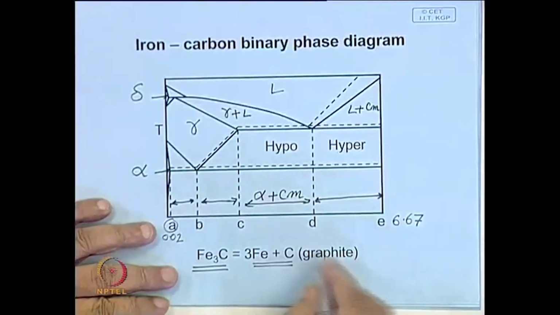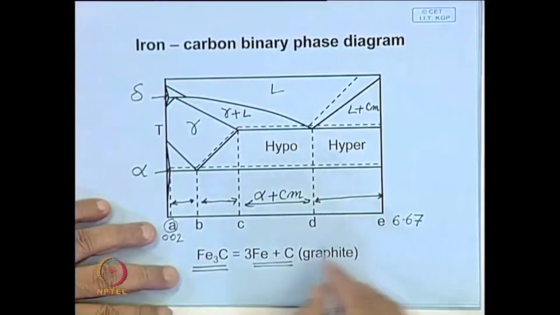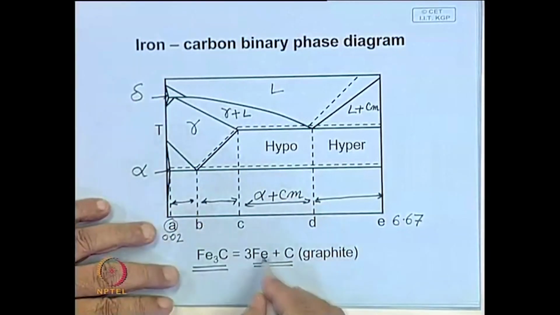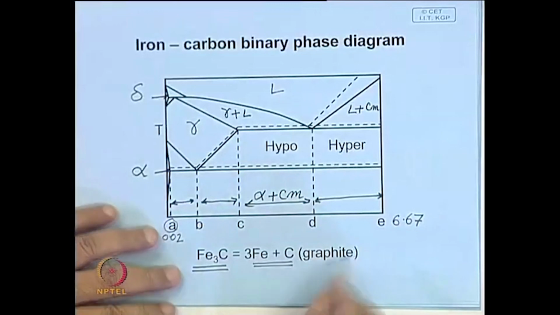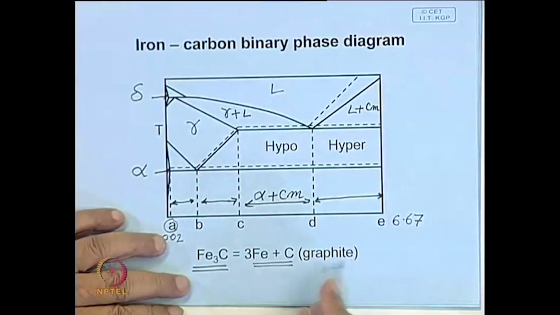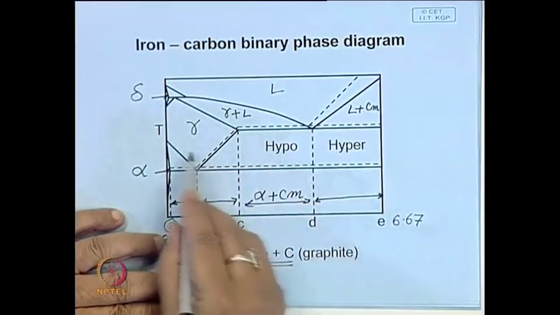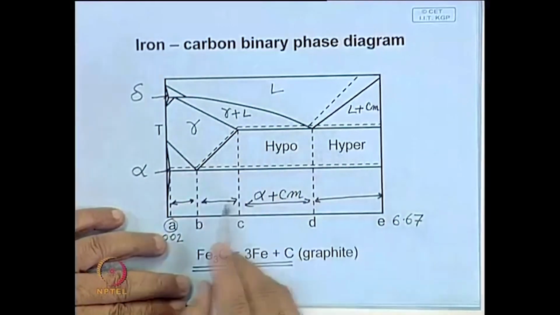That shows that with prolonged holding at high temperature, cementite can break down and you will have graphite, and the tendency for this graphitization is high as you move towards higher carbon content.